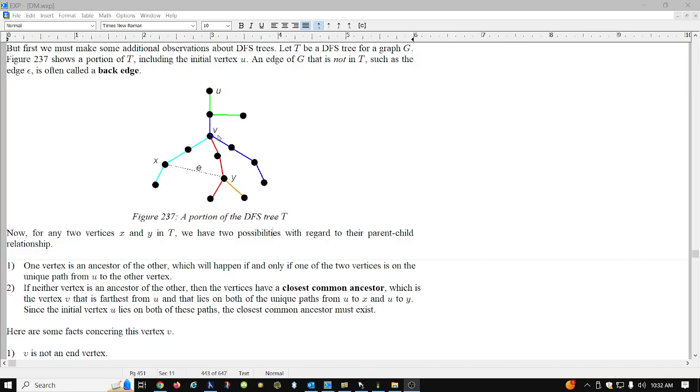Let's suppose this edge was here. We go down the cyan path, the red path doesn't exist yet. As soon as we create the cyan path, we go to the end vertex. Eventually, we're going to back up to X. X got closed at some point because this edge would have been followed.